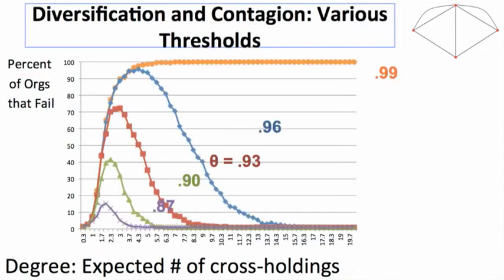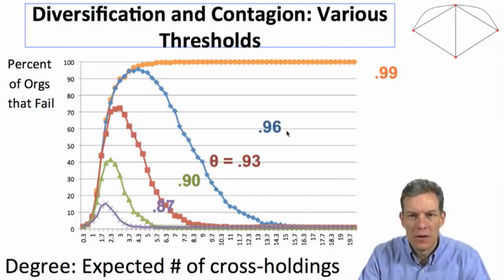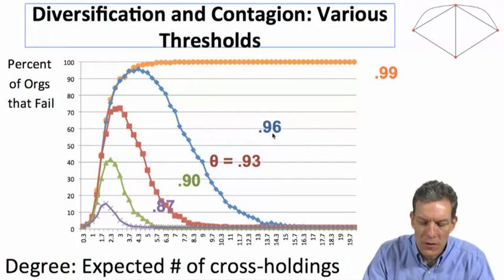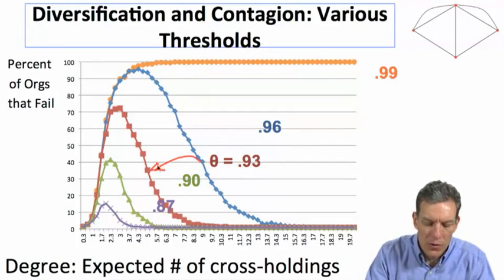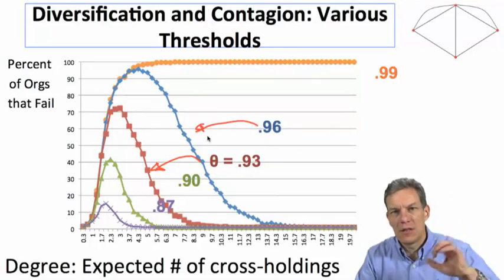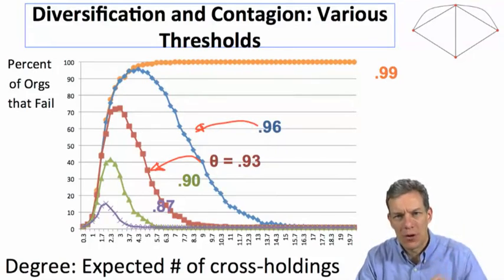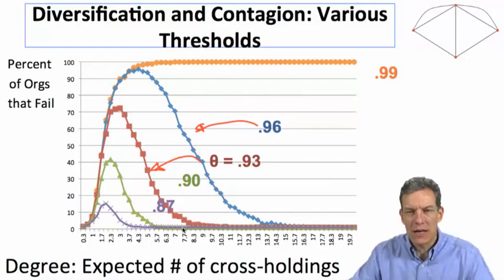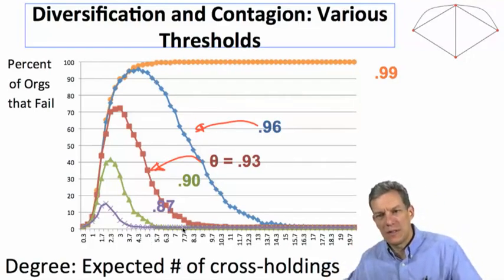Okay, and if we do this for different levels of diversification, and different threshold levels. So the 0.93, the one we looked at before, had one shape. If we increase that to 0.96, then it means that things are more sensitive. Even a 4% drop causes failures. Then we see higher rates of failure, and the diversification has to become larger before you start seeing a decrease.